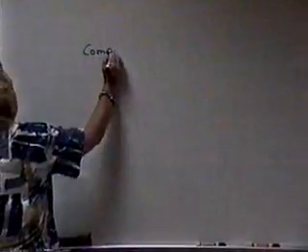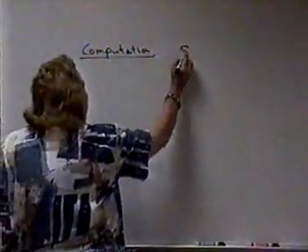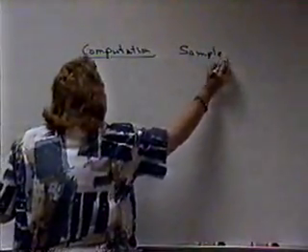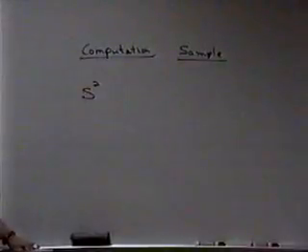The computation formula if we have a sample is called S squared instead of sigma. So the label is telling us what we're working with. We're working with a sample.